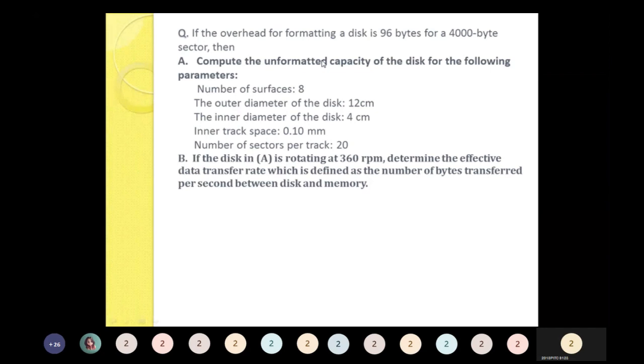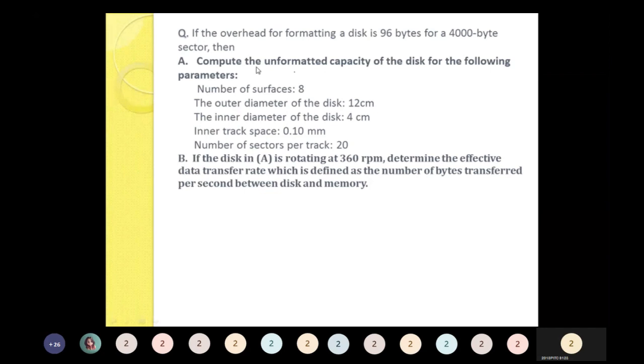Number of surfaces 8, outer diameter of the disk is 12 centimeter, inner diameter 4 centimeter, inner track space 0.10 millimeter, number of sectors per track is 20. From this given data, I'm going to calculate the unformatted capacity.